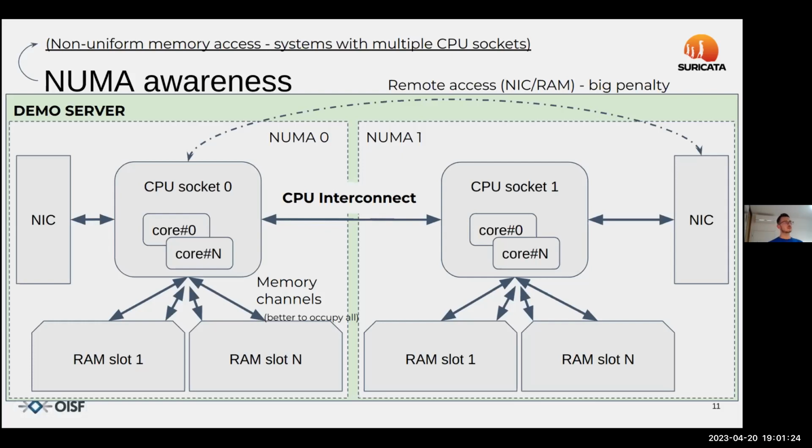That way you get the fastest access rates to the memory. It's better to occupy all memory slots. So instead of one 64 gigabyte memory stick, you probably want to use 8x8, because more memory channels provide more throughput to your application.